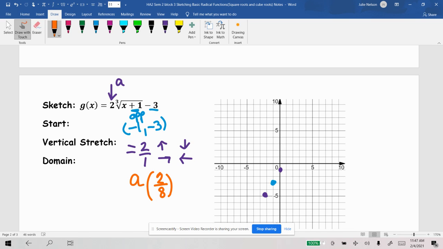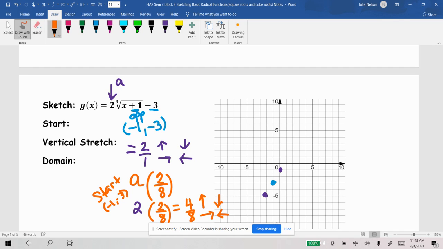So since our A is 2, 2 times 2 over 8, that is going to be 4 over 8. So you're going to go up 4, right 8, and down 4, left 8. And then again, this is from our starting point. We were starting at negative 1, negative 3.